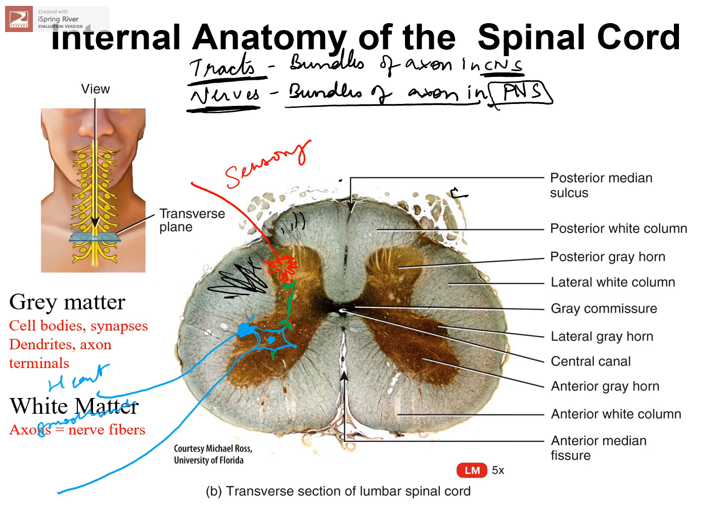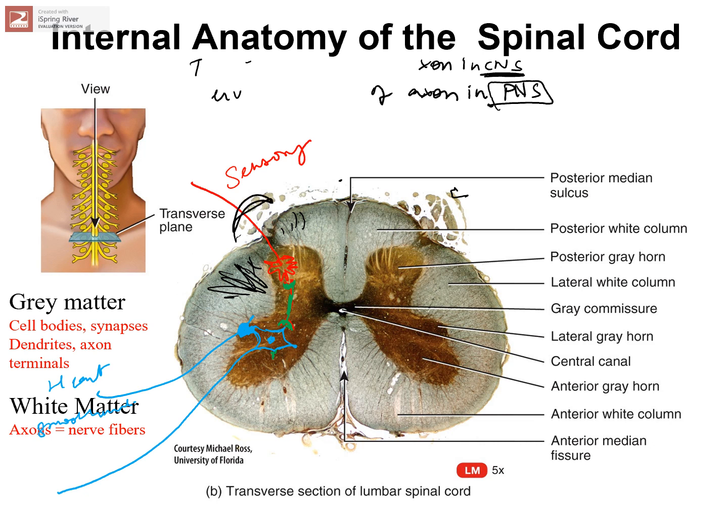There are two types of tracts. You have sensory tracts. Sensory tracts are obviously present towards the dorsal region of the spinal cord. Sensory tracts convey or relay the information to the brain.